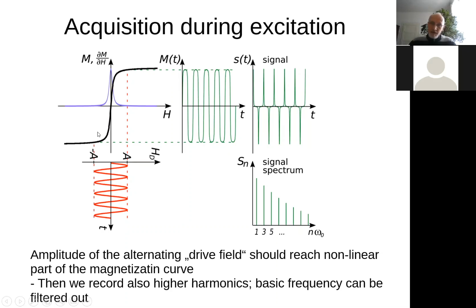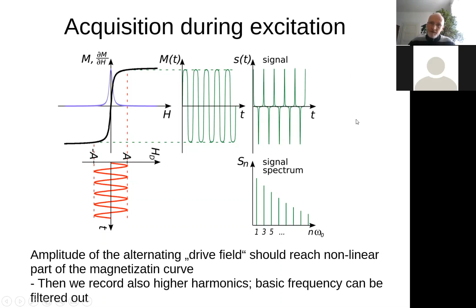But if we cover also the nonlinear part, then the curve would not be a simple sinus, but it will contain also higher harmonics. In fact, what we measure is the change of magnetization, so derivative of, or rather, sorry, integral intensity.